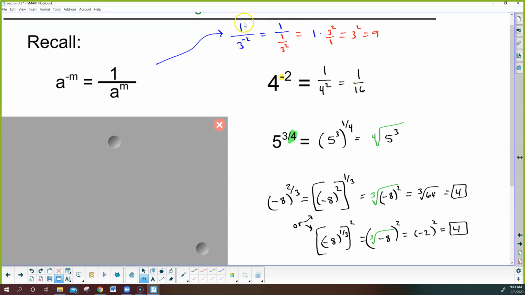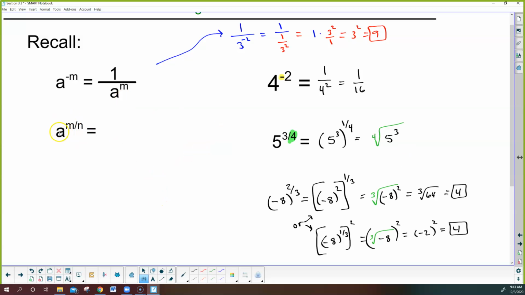Now, hopefully you're going to be well experienced with this and you're going to go right from here to the answer. All this intermediate stuff, you don't really have to show too much work. Okay, so if it's negative in the denominator, that basically takes it right up top and puts it in the numerator. All right, so that's the first rule that we have to recall.